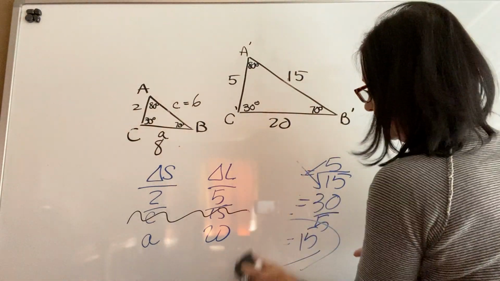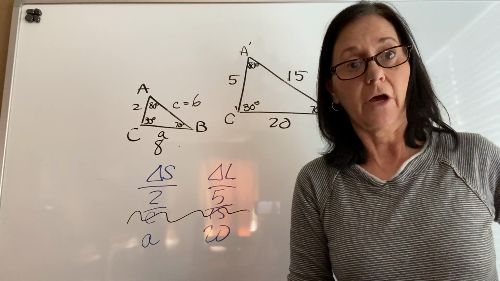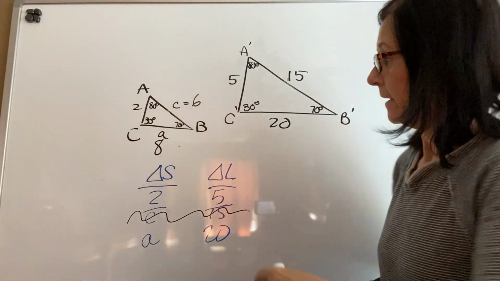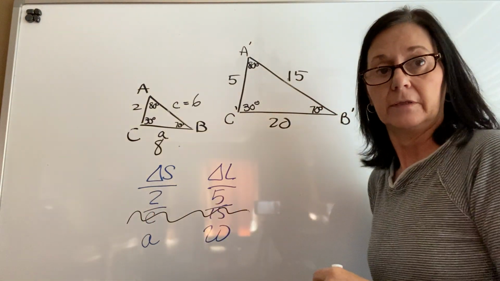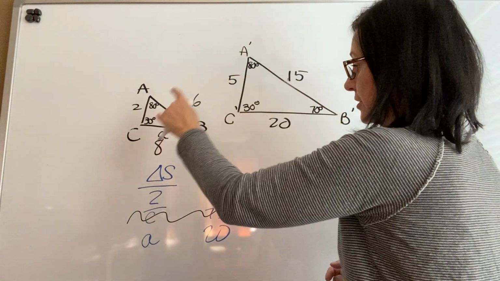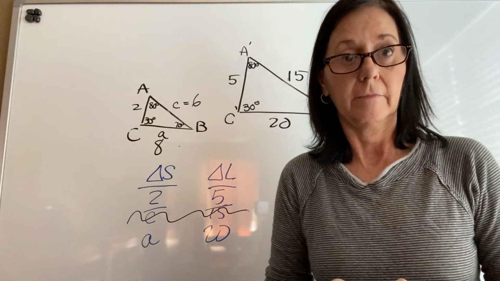And I would solve for A that way, okay? Or I would know my scale factor has to be, if I'm going small to large, it's 5 over 2. If I'm going large to small, it's 2 over 5, okay?